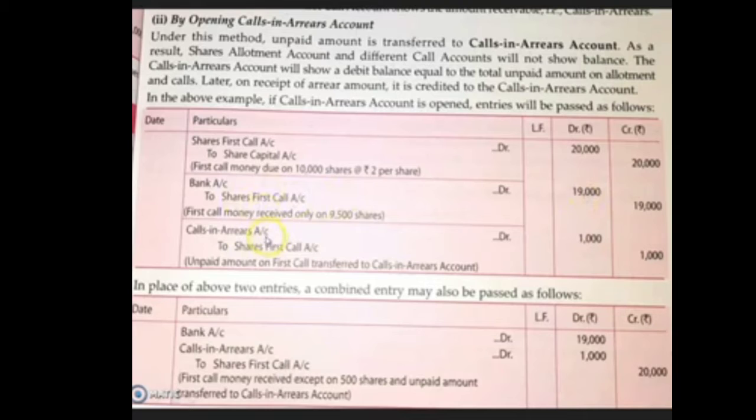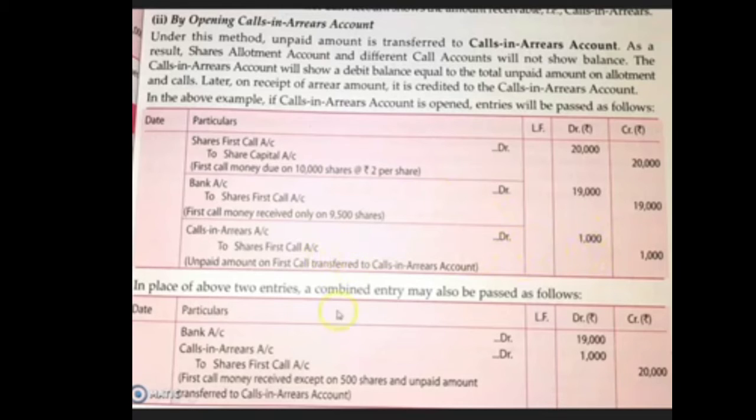The amount which is not received will be shown under calls in arrears account debited to share first call account. Out of 10,000 shareholders, 9,500 have paid. We have not received from 500 shareholders. So 500 into 2 gives you 1,000, which you have not received from those shareholders.